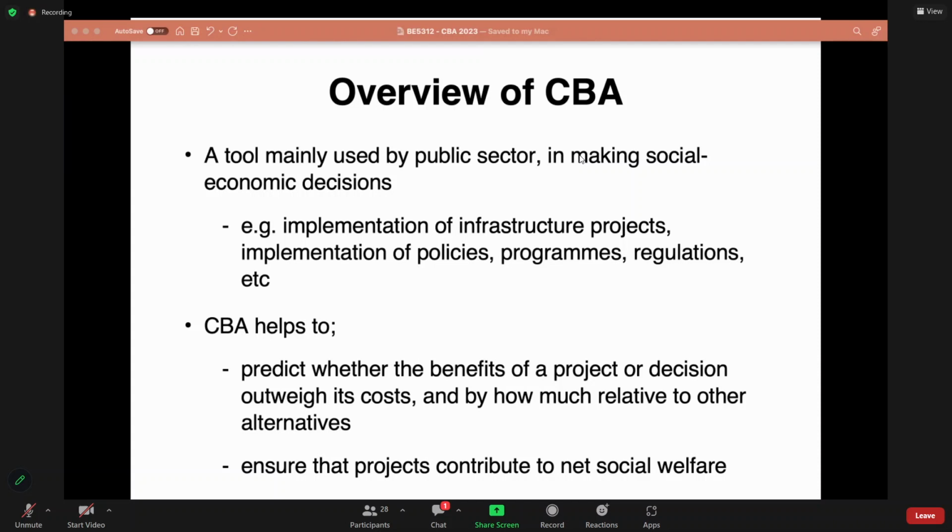So when it comes to undertaking infrastructure projects or implementing certain policies, programs, regulations, to see if the social benefits are more than the social costs, you can undertake a cost benefit analysis. So basically, by carrying out a CBA, you can ensure that the projects actually contribute to a net social welfare. That means the total social benefits are more than the total social costs.